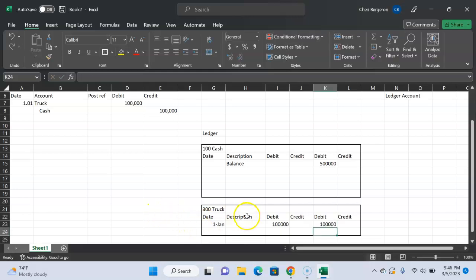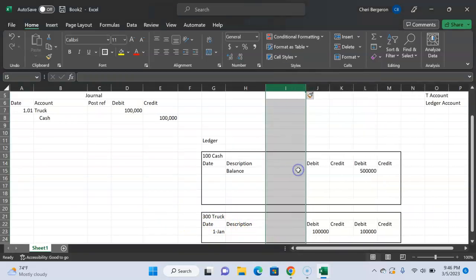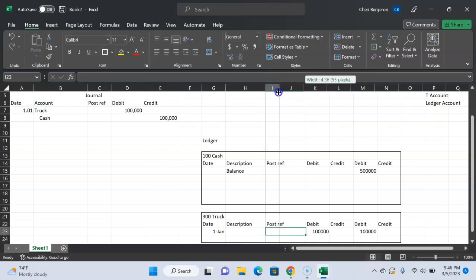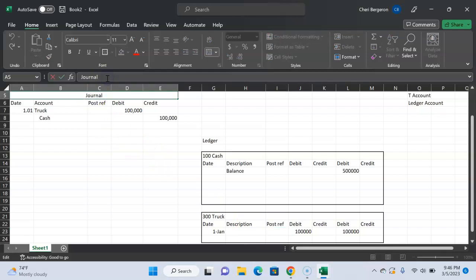Oh, I'm sorry, I forgot my post-ref column in here. Let me add that. My post-ref column would have gone right here. There we go. What I do here is I say, where did this come from? Well, it came from journal page 1.